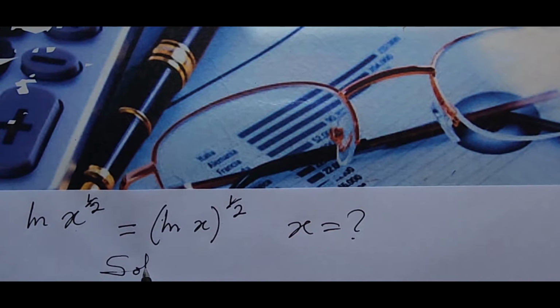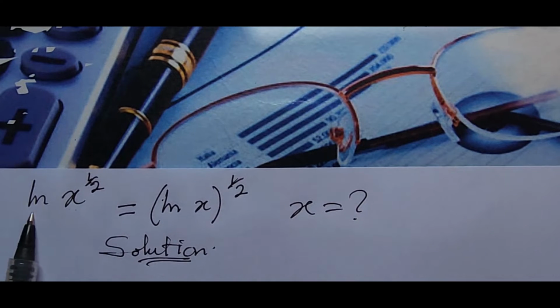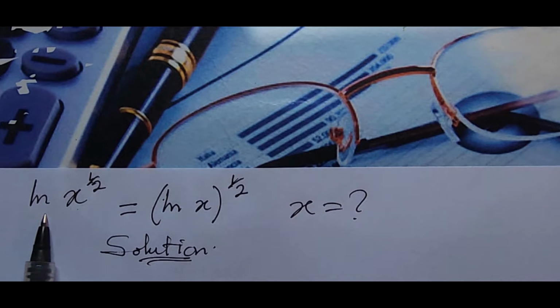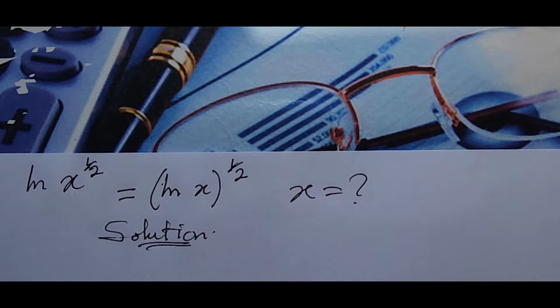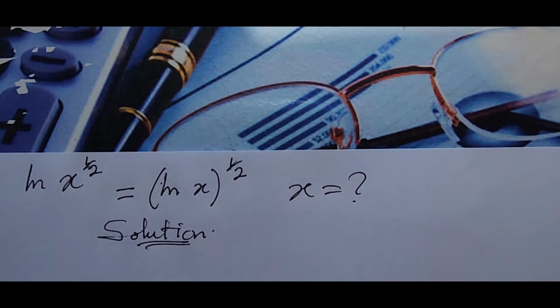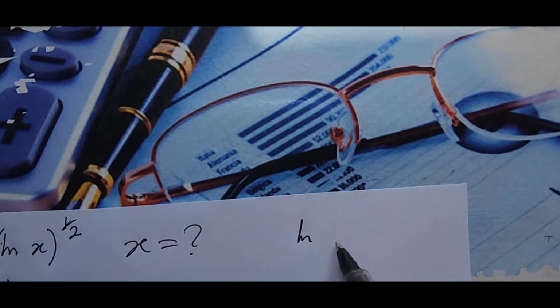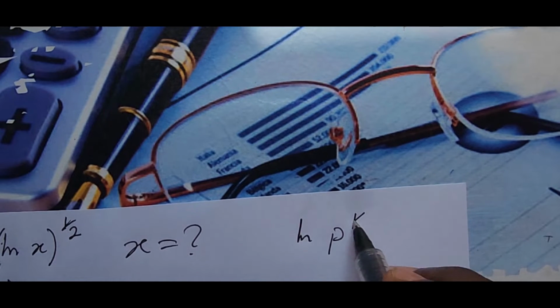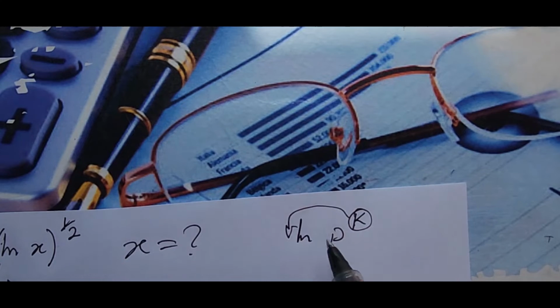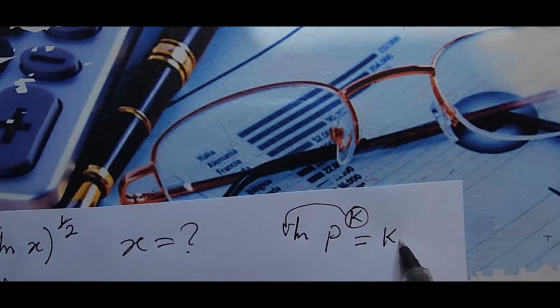We take our solution here. Now, if you check the base number to this expression, this is a logarithm, right? The base number is base e. Since it's base e, we can apply the law of logarithm to this side of the equation. The law says that if you have the ln of p to the power of k, you move the power to the front, and this gives us k times the ln of p.